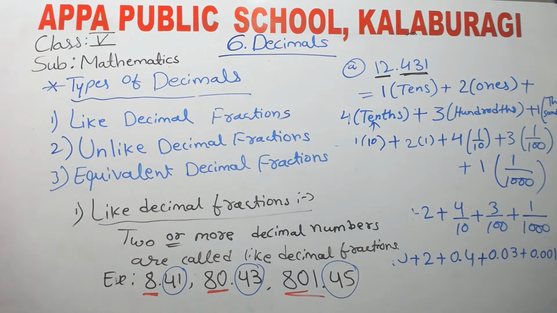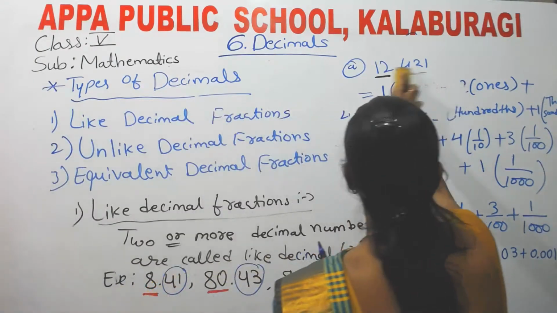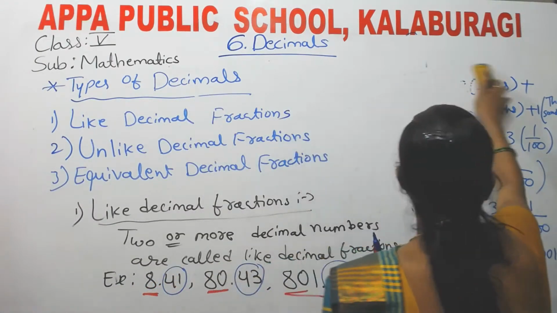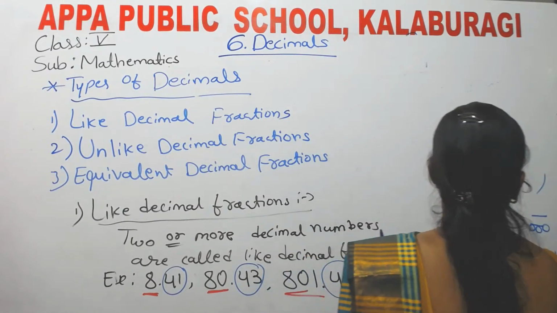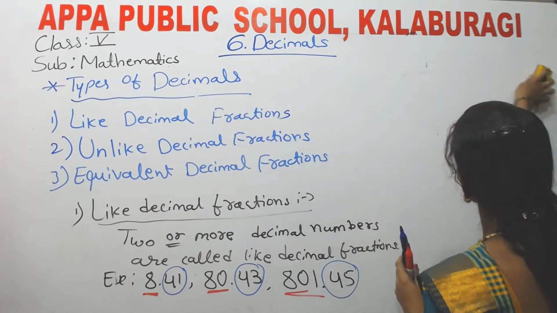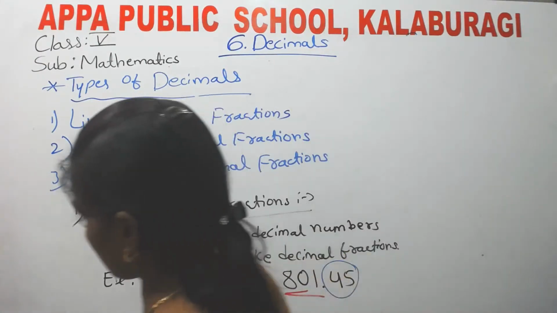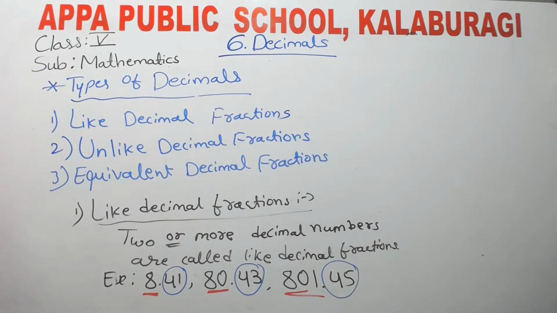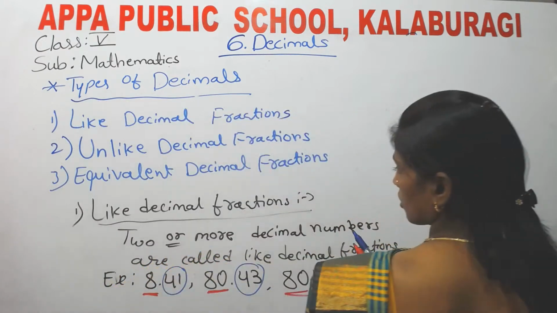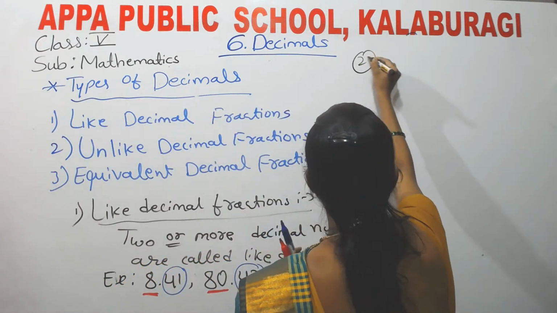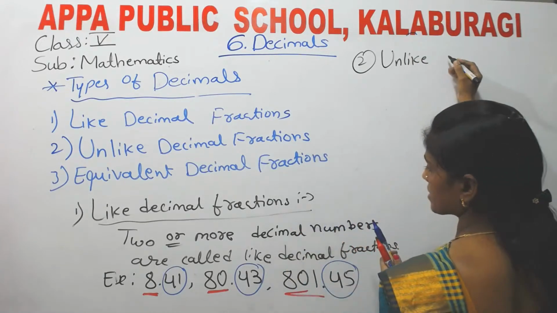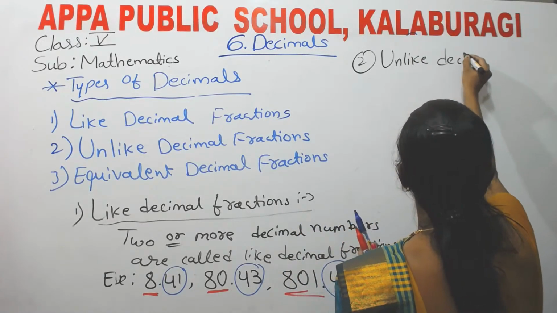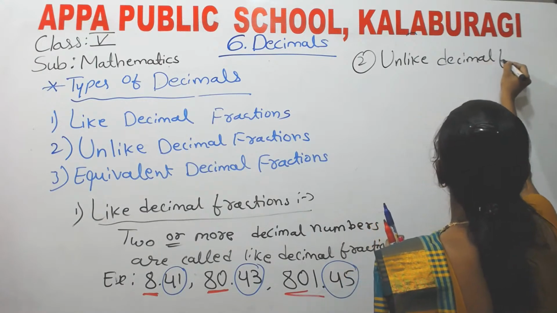Next one is unlike decimal fractions. Second, unlike decimal fractions.